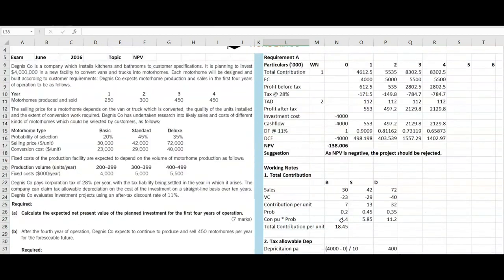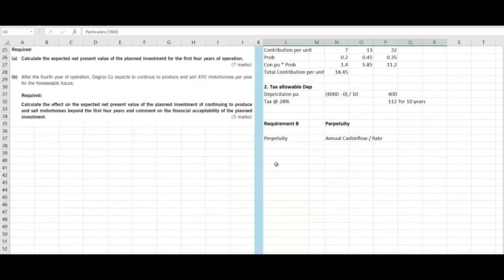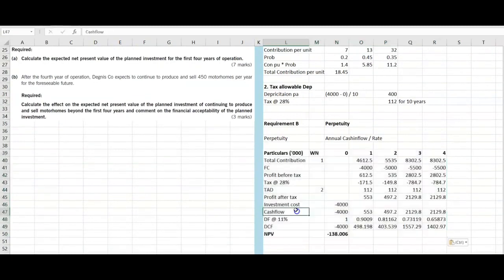So we will go to our question here and we'll try to find out what happens. The requirement is after the fourth year, the cash flow also continues as a perpetuity. So we'll copy the table as it is and we'll have only the relevant numbers that we want. So the relevant numbers that we want are the profit before tax that is going to occur, the tax that is going to occur, the tax allowable depreciation.